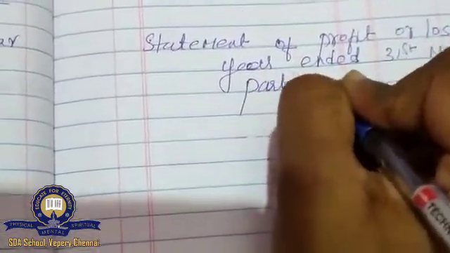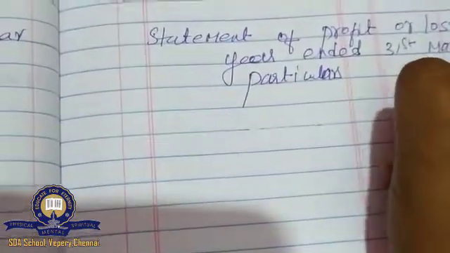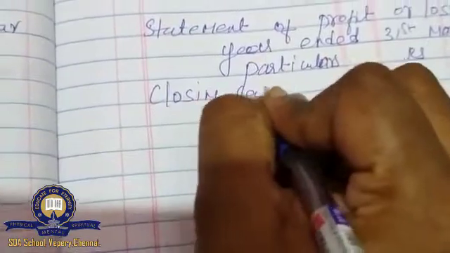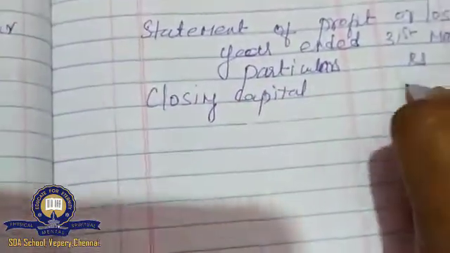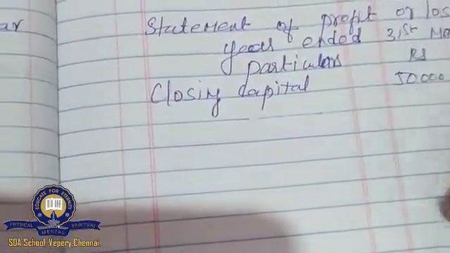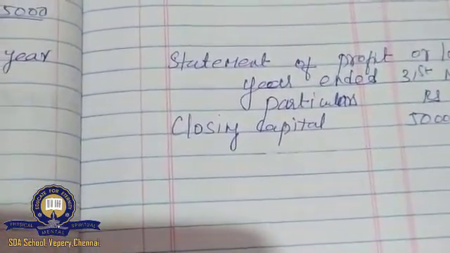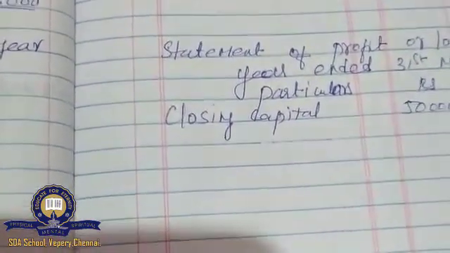Particulars, rupees. Closing capital. What is the closing capital amount? 50,000. Just apply whatever you found in the rough work in the format.